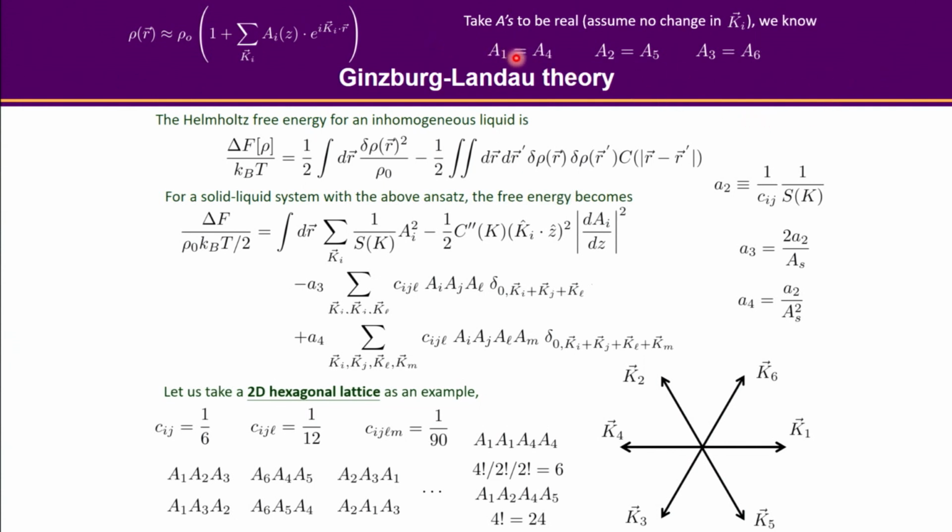And since the amplitudes are real, then we know the density is the summation of all the plane waves, right? So in order to have the density be a real number, A1 and A4, right? They have to be complex conjugates of each other. But since I'm picking them to be real, there's no choice: A1 has to be equal to A4, and A2 has to be equal to A5, and etc. Okay? And why we need that is just to simplify the calculation.